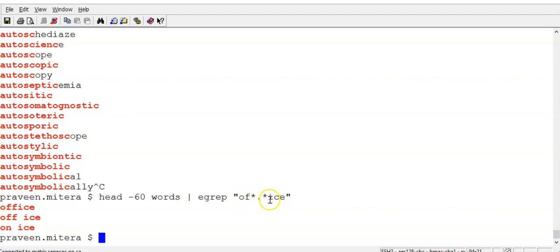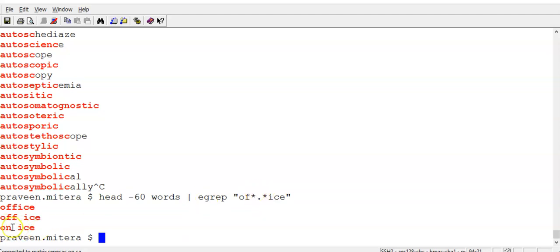Then we have a star before which there's a dot. So this will make the length flexible. In other words, it's going to allow 0 or multiple characters of any type, any number of them and any type of them. And then it looks for ICE. That's why ICE is here, O is here, no F, but that's okay because of this asterisk.